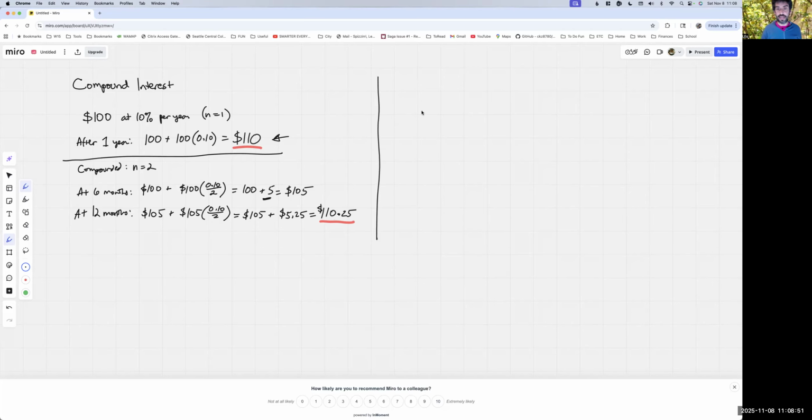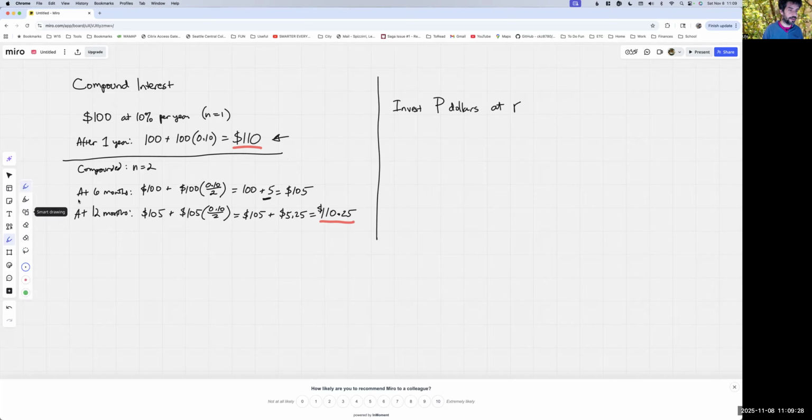For example, let's say we're going to invest P dollars, using P to be the amount, at R percent. R is our percentage as a decimal. Let's just call R the rate.